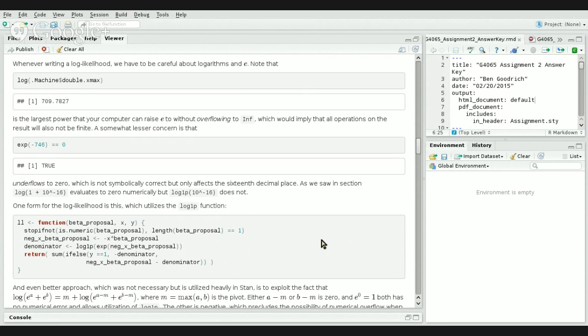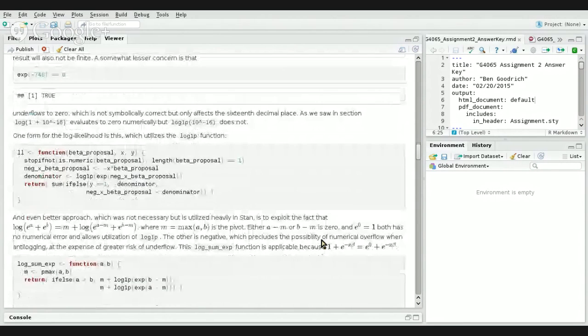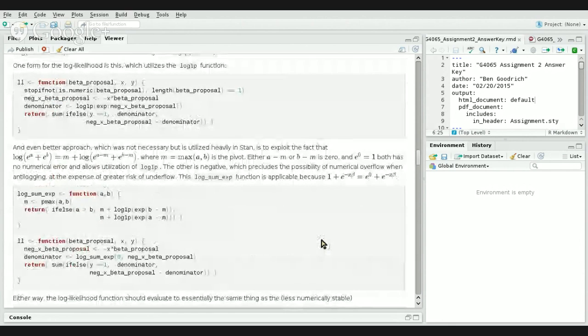So one form of a log likelihood could be written this way: a log likelihood function for a binomial or Bernoulli distribution summed over n observations, where you have one coefficient beta that enters the likelihood with a logistic link function.